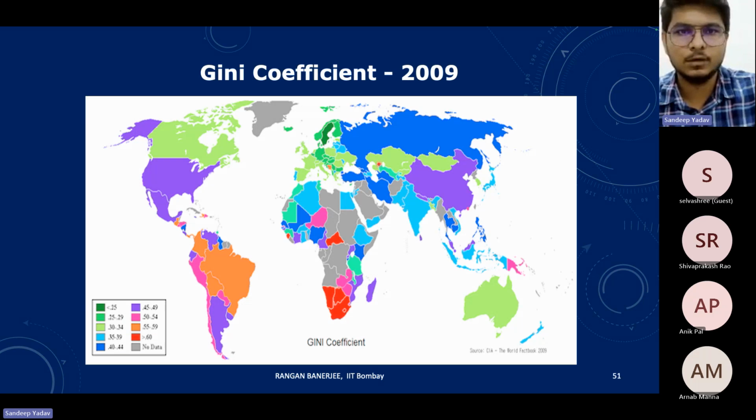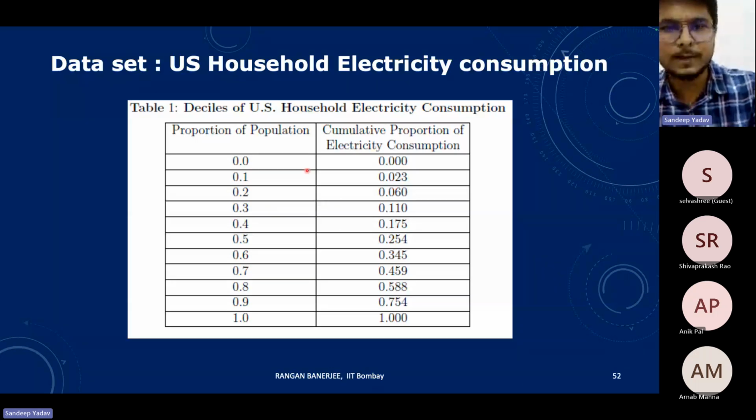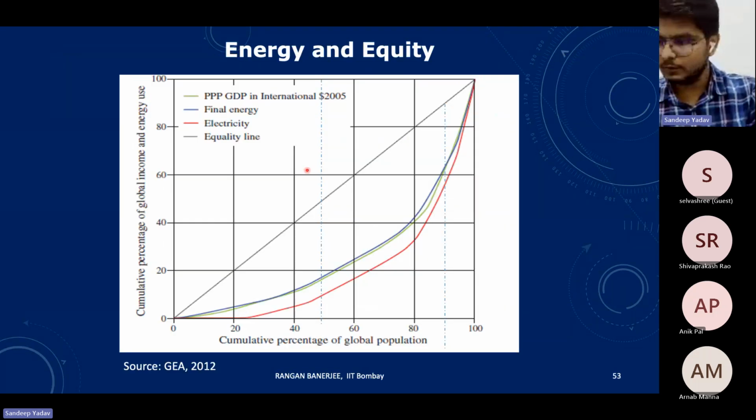In that case, if you see the whole world's Gini coefficient, this is the graph that's shown. Now, moving ahead, I will solve this problem on energy and energy equality. This is the equality line, and this is the electricity use. We can draw the Gini coefficient for various things like final energy, purchasing power parity, GDP, or electricity.